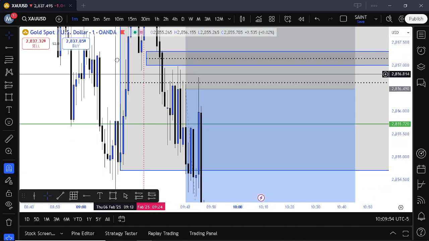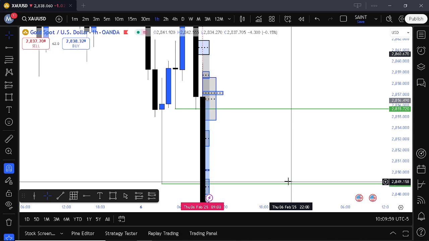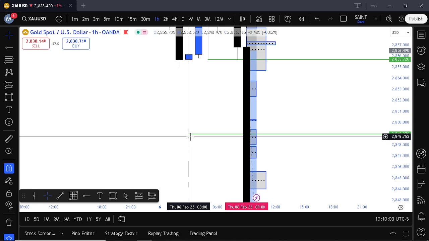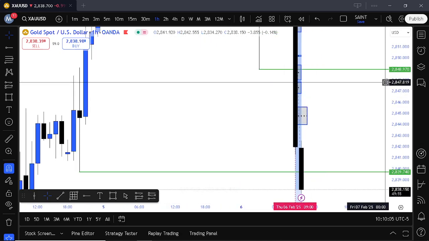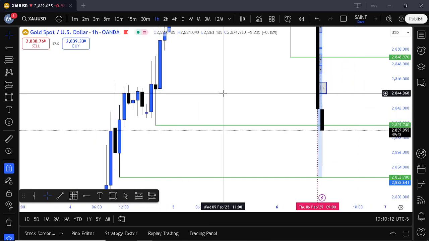Once I entered, I put my take profit at, this was my first take profit actually, these lows right here. These were London session lows. And my second take profit were these Asian session lows as well.